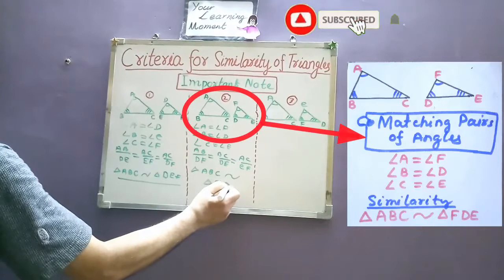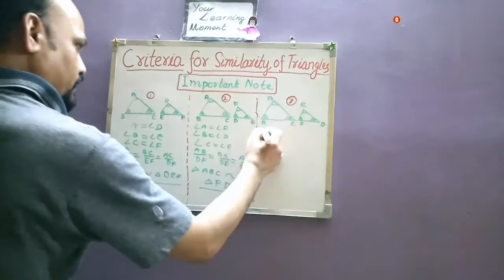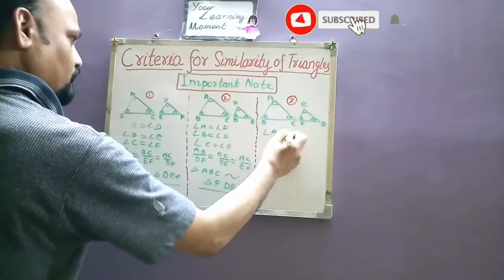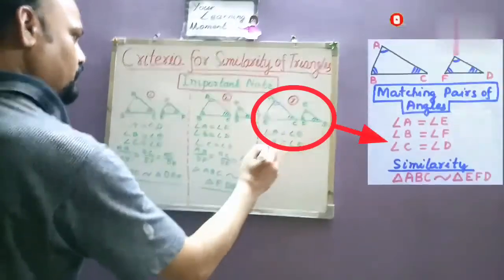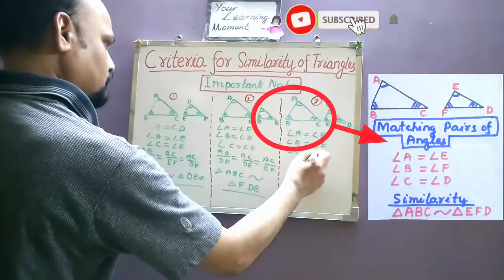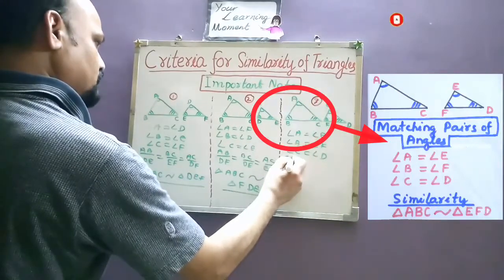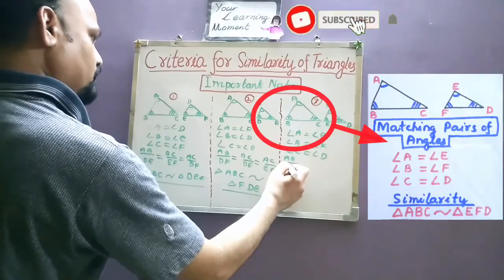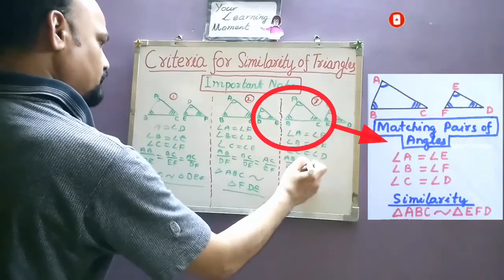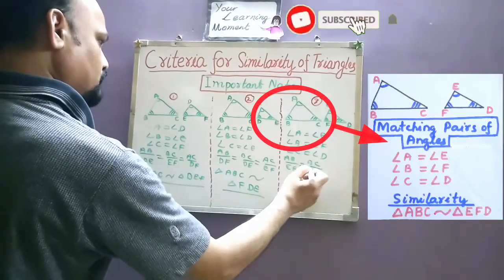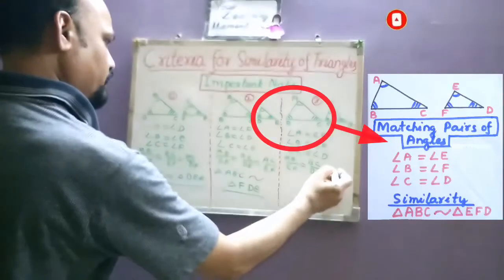Now, third pair, in triangles ABC and EFD, the corresponding matching pairs are angle A equal to angle E, angle B equal to angle F, angle C equal to angle D, and the corresponding matching pairs are AB upon EF equal to BC upon DF equal to AC upon DE.